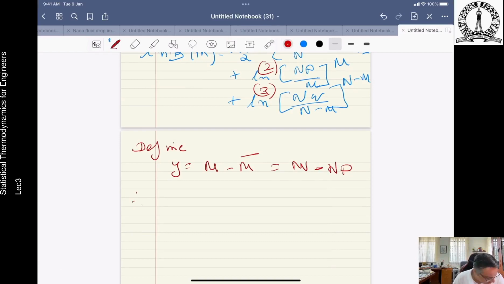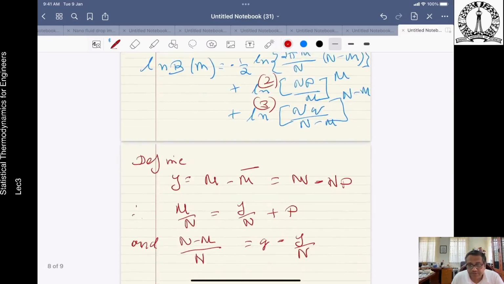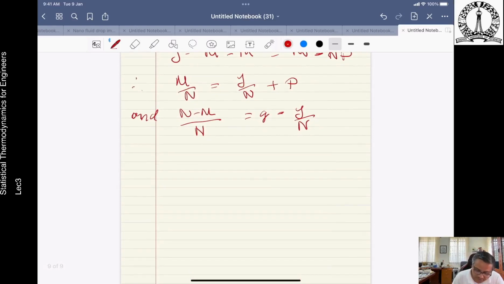Therefore, m by n is equal to y by n plus p, and n minus m by n is equal to q minus y by n. So now we take term by term. Here we defined 3 terms, remember? So let's take term 1.